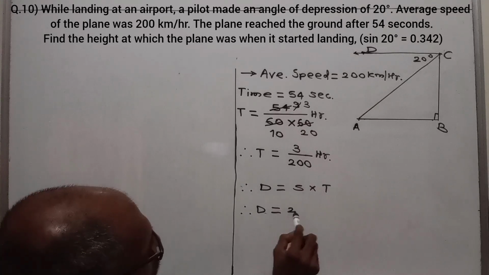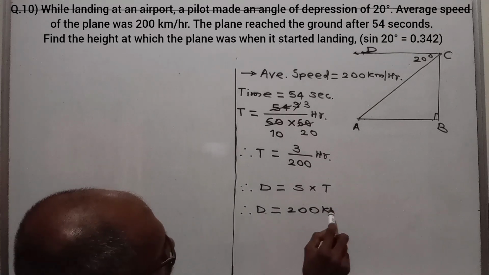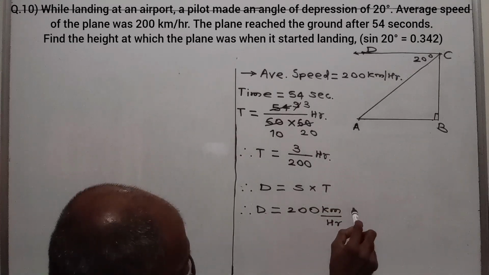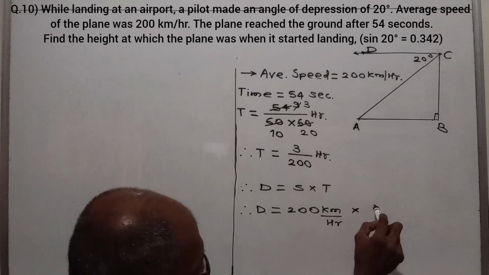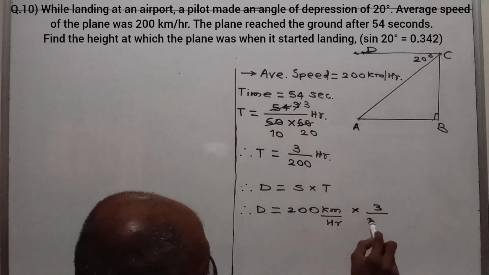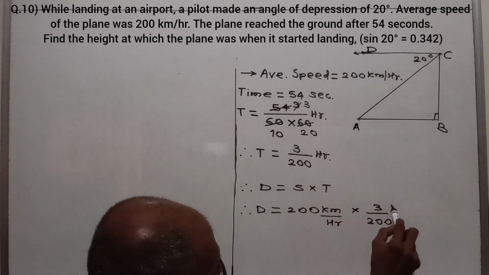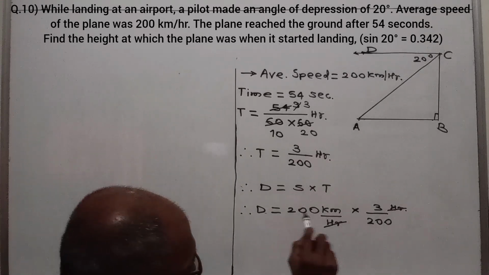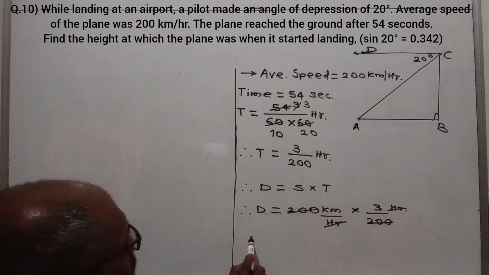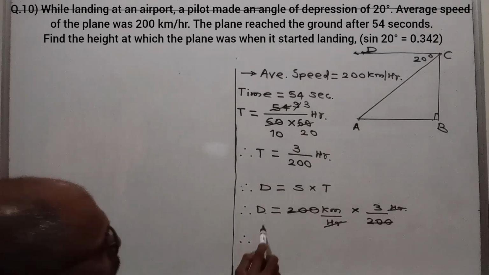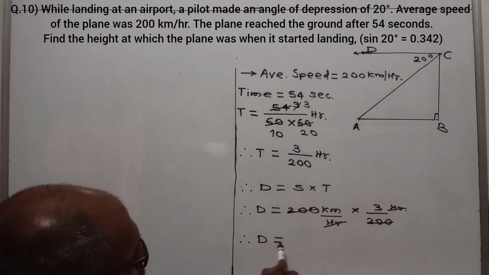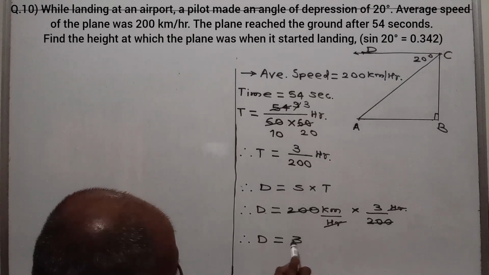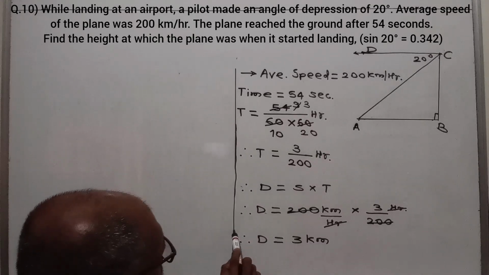Speed 200 kilometer per hour into time, what is 3 upon 200 hour. Cancelled. Here 200 cancelled. Therefore, distance D is equal to 3 kilometer.